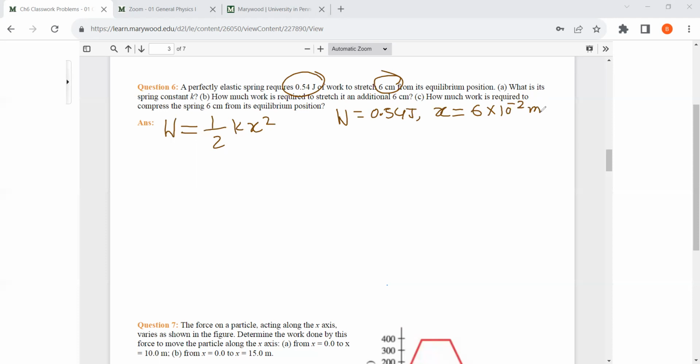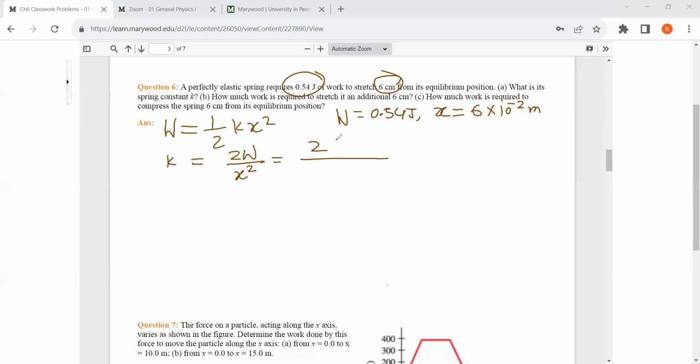You know that centimeter is not a useful unit for us. The meter is the useful unit. So these are given. We have to calculate the spring stiffness constant k. So we have to solve this equation for k. So we get k equal to 2 times W divided by x square.